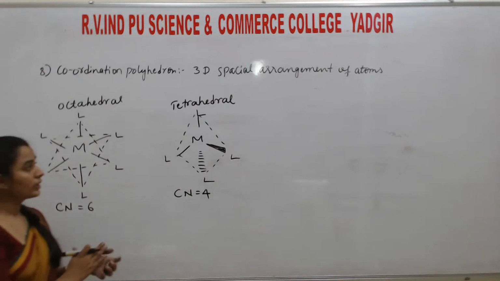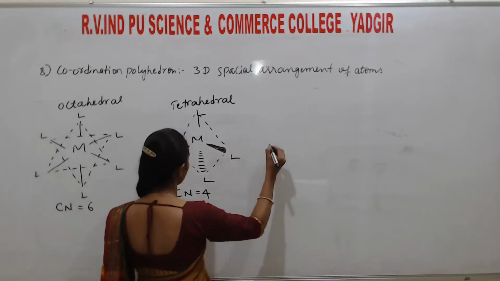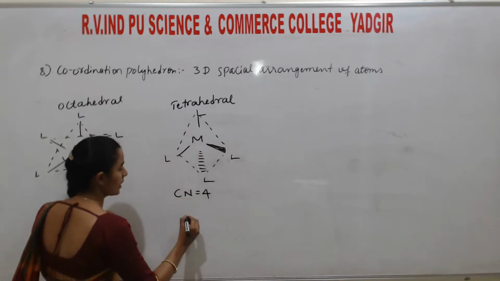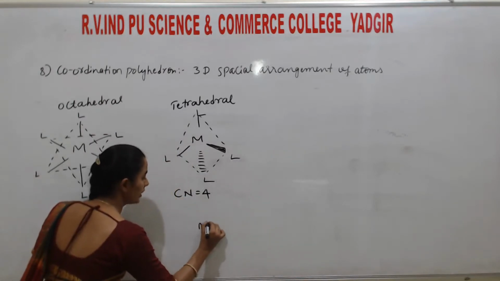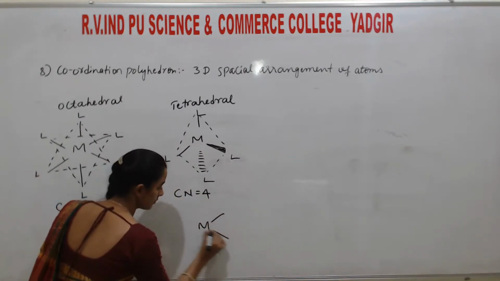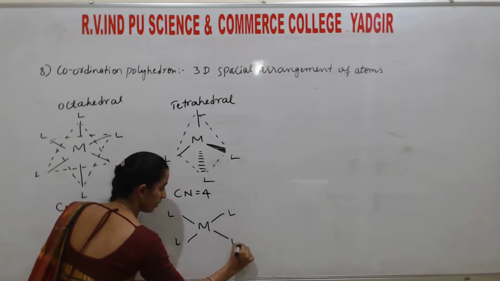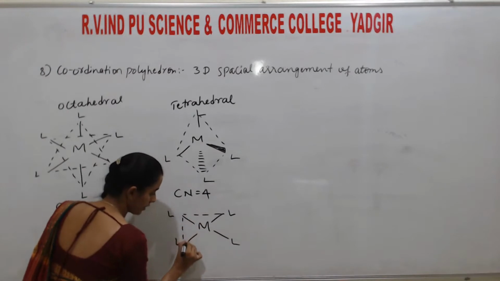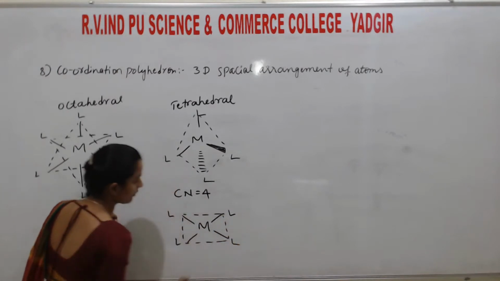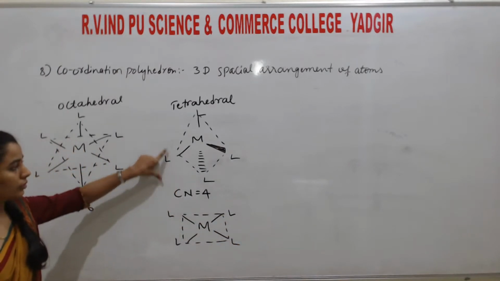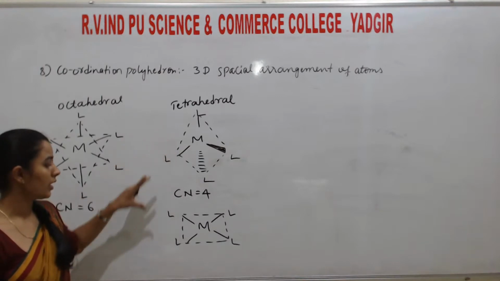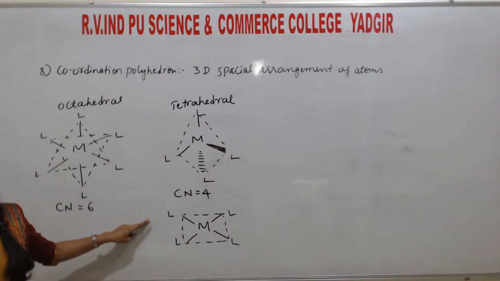Okay. So another one is there for coordination number 4, that is square planar. I will write here only M. This is the square planar structure. For coordination number 4, two types of structures are there, tetrahedral as well as square planar.